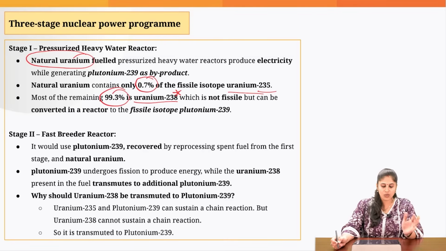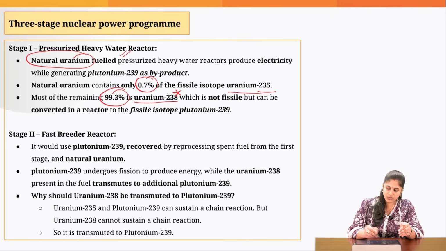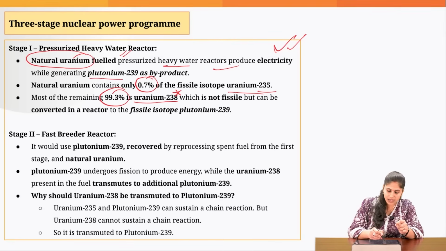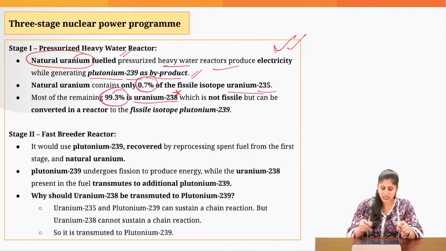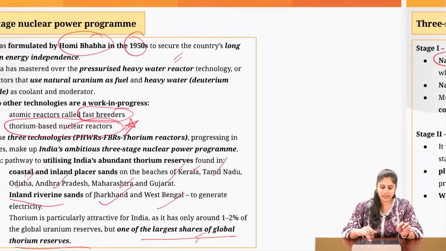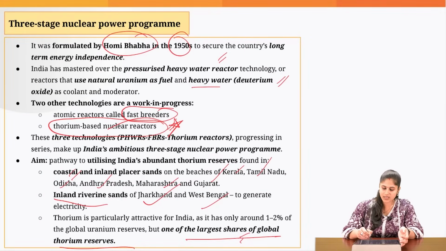We use natural uranium as a fuel in the pressurized heavy water reactor to produce electricity, and it also generates the plutonium 239 isotope as a byproduct, which is a fissile isotope of plutonium. Here you use heavy water, that is deuterium oxide, as the coolant or the moderator.